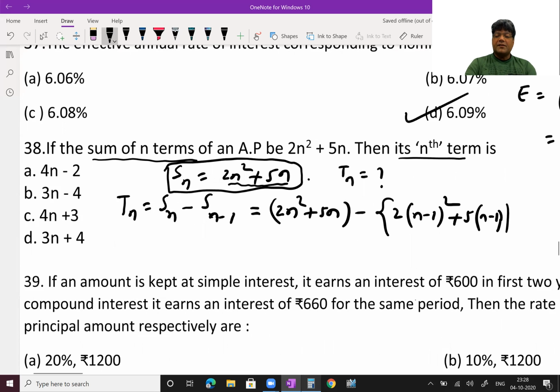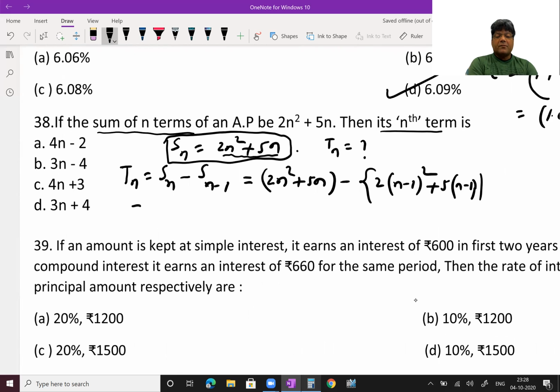Now, very simple. You simplify this, whatever will come will be your answer. 2n square plus 5n minus, if I open this bracket, it will be 2n square minus 4n plus 2 and plus 5n minus 5.